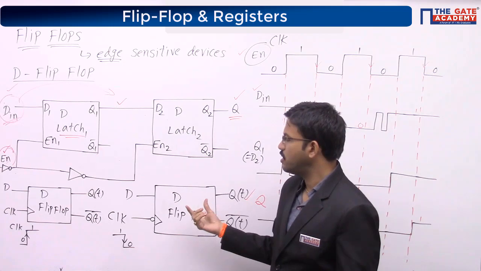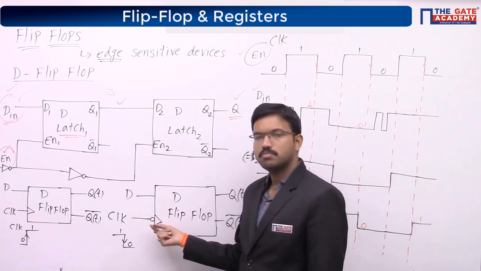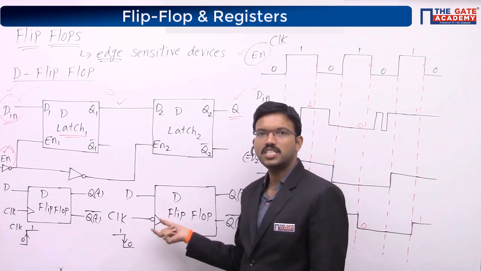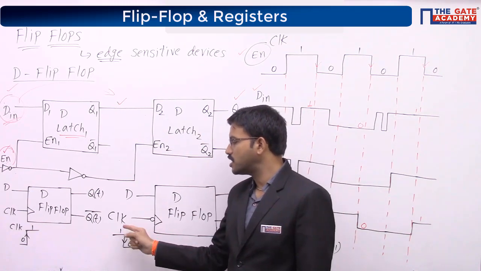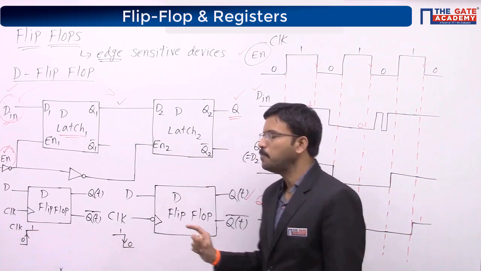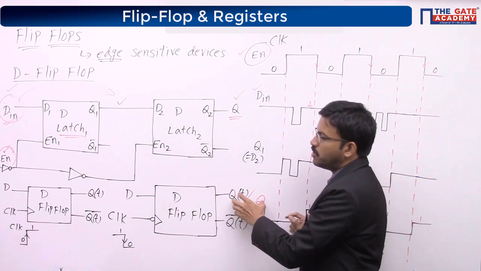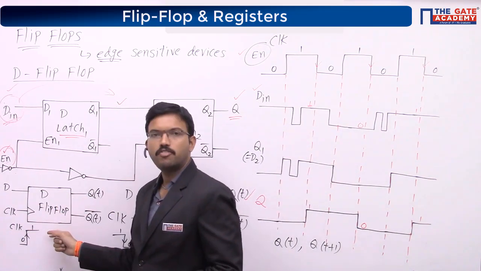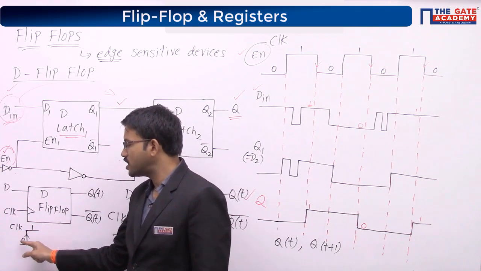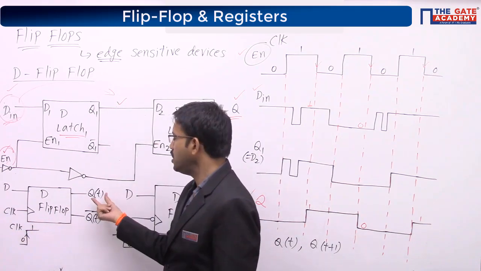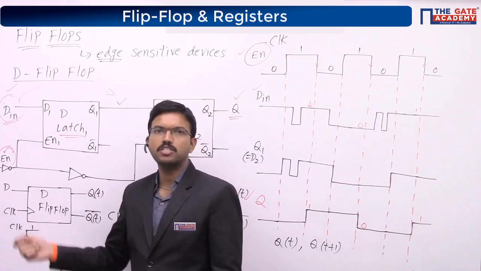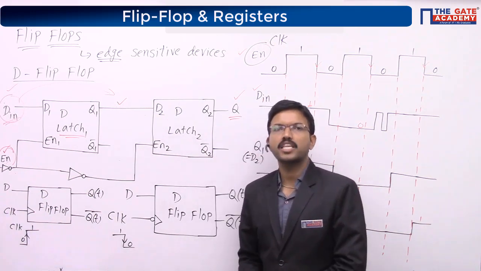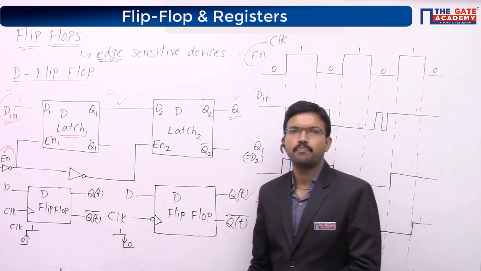So if the question shows a bubble here, that means it is negative edge: whenever the clock signal transitions from 1 to 0, the output will be based upon your input combination. Similarly, if it is a positive edge triggered D flip-flop, only when the clock signal transitions from 0 to 1 will the output be affected by your input combination. Otherwise, it will remain in the same state.